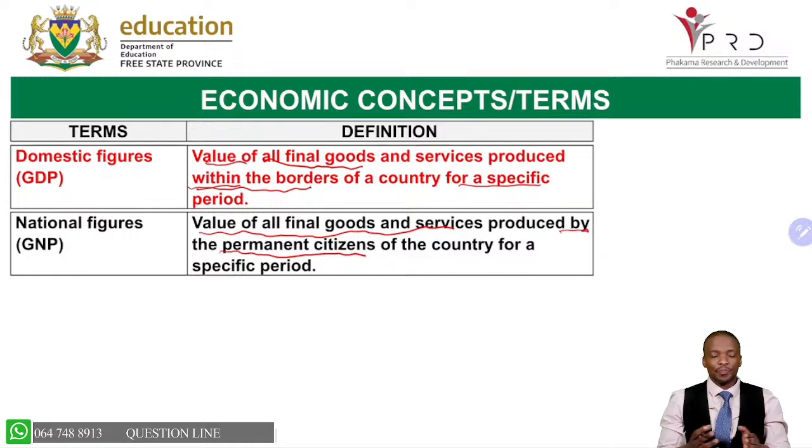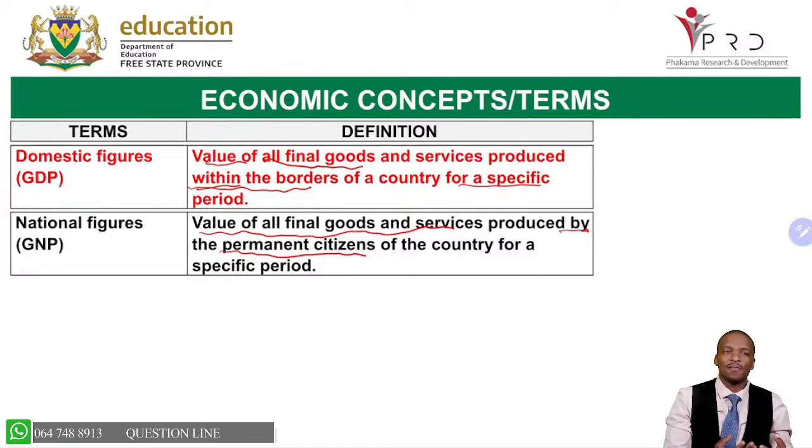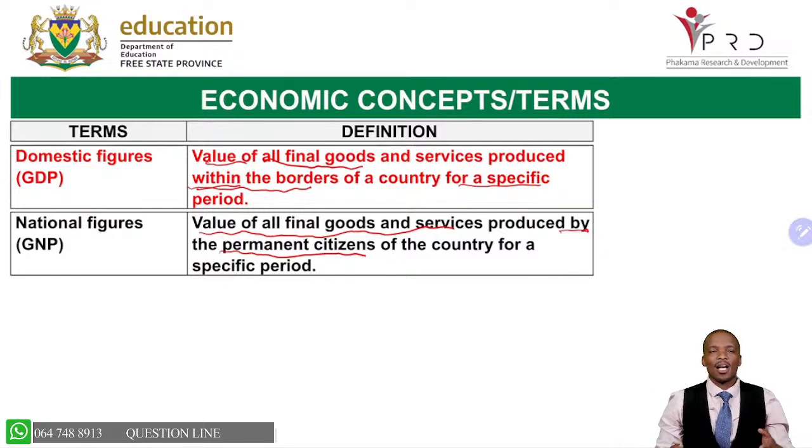I'll make an example. South Africa, we know that it is a diverse country. So we will have someone who's not a South African citizen, but working in South Africa. Let's say we have someone from Swaziland come work in South Africa. That person's contribution will be counted when we are calculating the GDP of a country, because we are looking at the domestic production of all goods and services within the country.